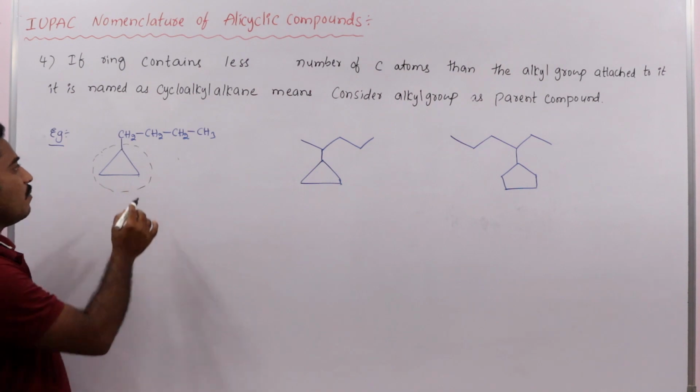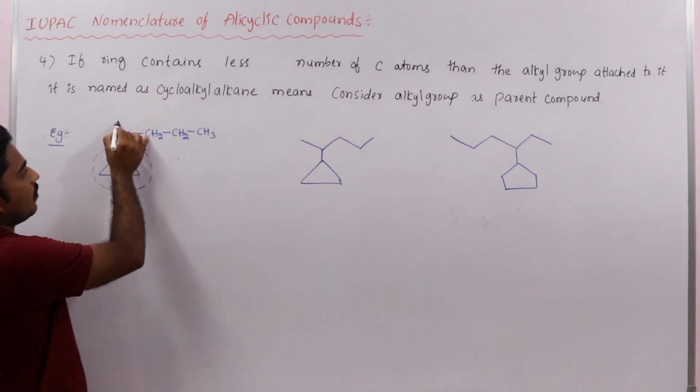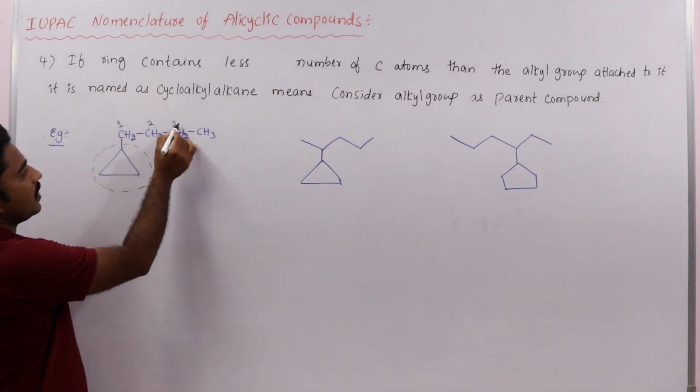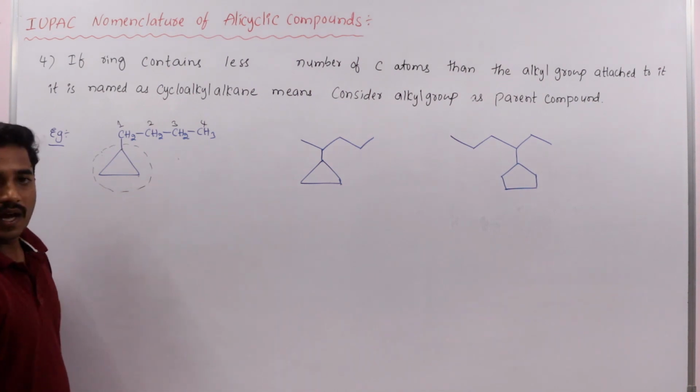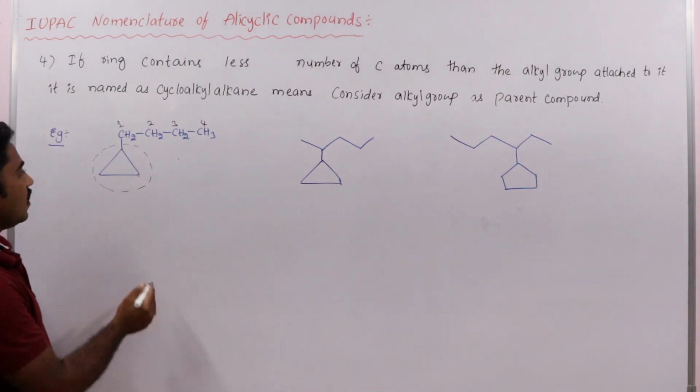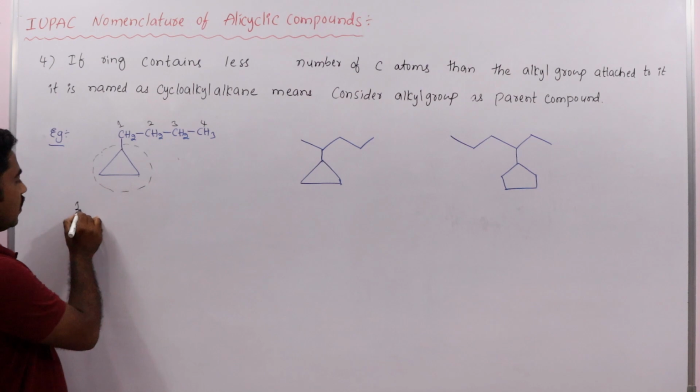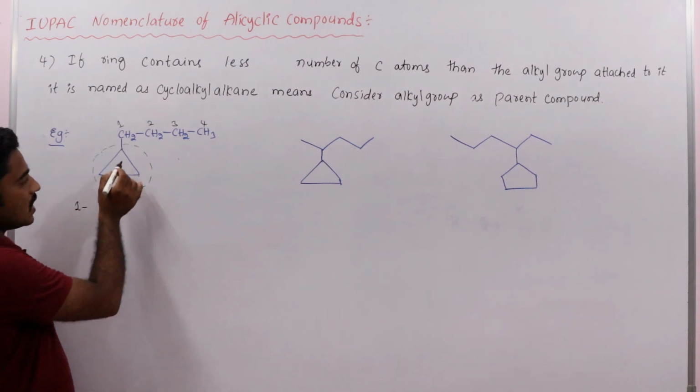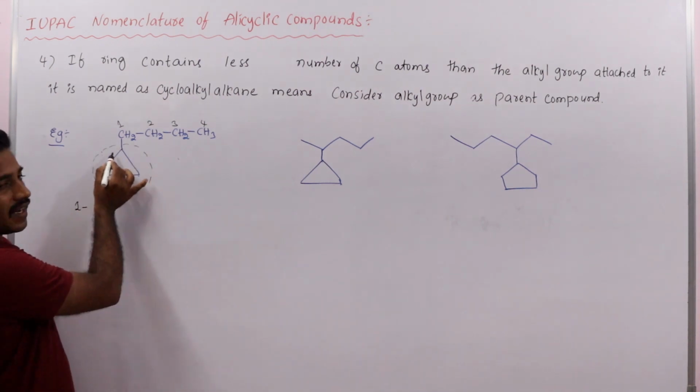In this case, numbering we have to give from here, 1, 2, 3, 4. The substituent should get the least number. Then we have to write 1 at the first position. A cyclopropane ring is there.